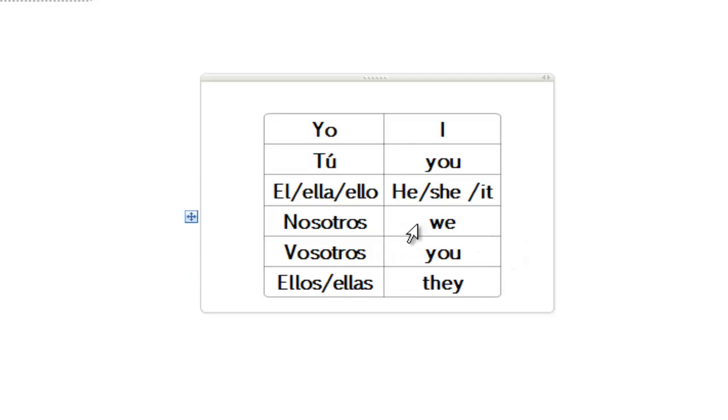Oh, and we'll talk about the other uses, but I just want you to sit and learn these. So we're going to go through it again, just slowly. Yo, tú, él, ella, ello, nosotros, vosotros, ellos, ellas. Okay, so practice them.